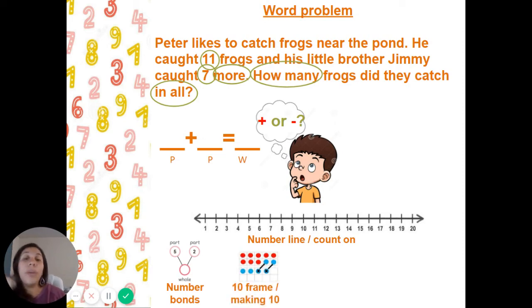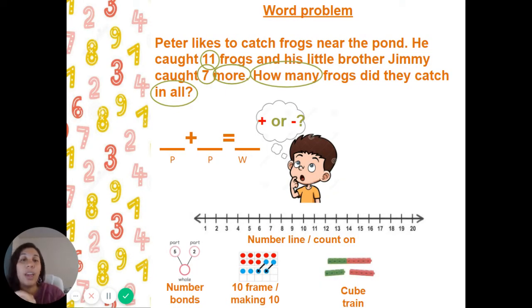Another strategy would be using 10 frames. With the 10 frames, or you can also make tens, it's going to be easier to visualize the number that you need to get. You also have the cube train, okay? I know that it's not very easy to have cubes at home, but I am sure you may have Lego, so you can use them too.